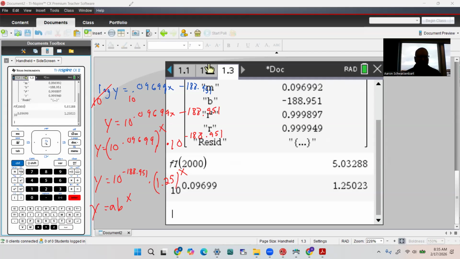If I wanted to predict for the year 2000, I could really take any of these versions. I would probably just do this and stick it into my calculator.